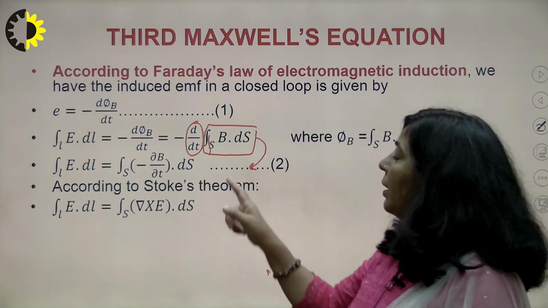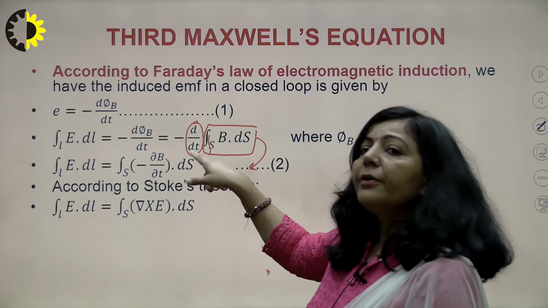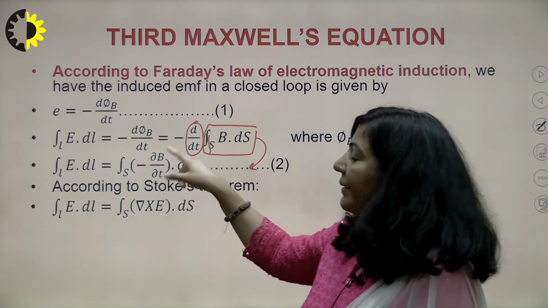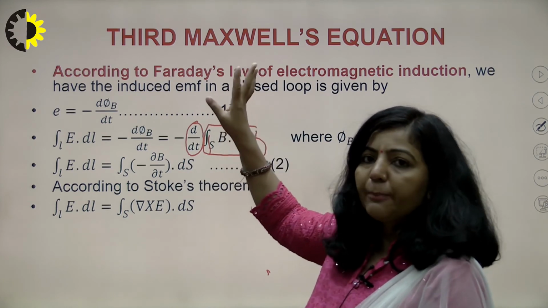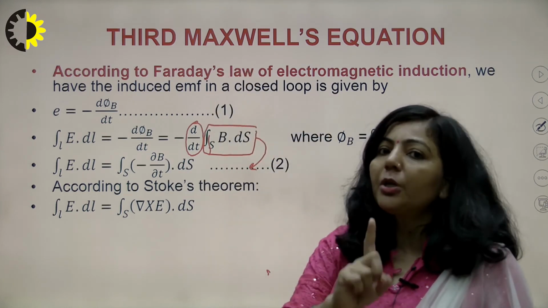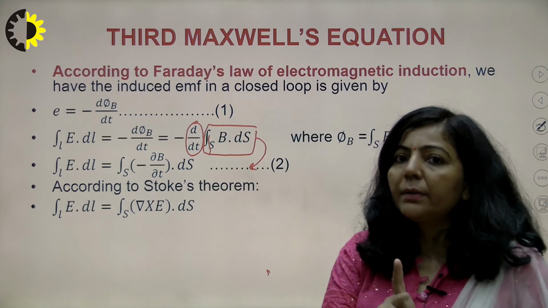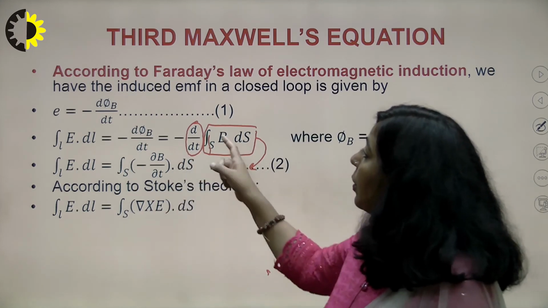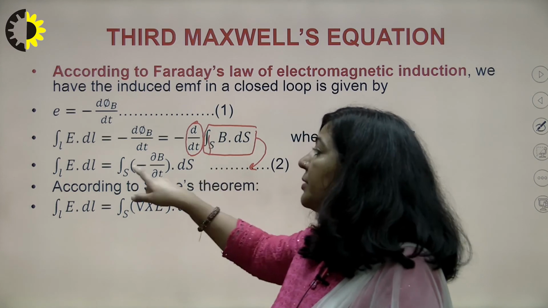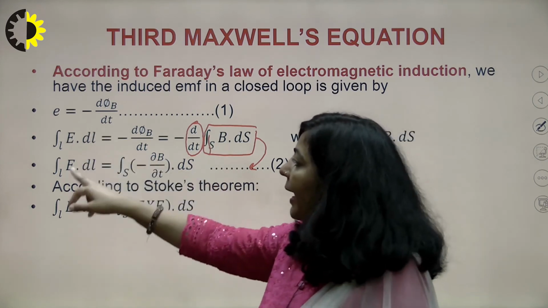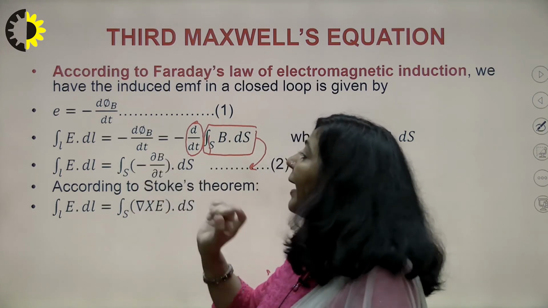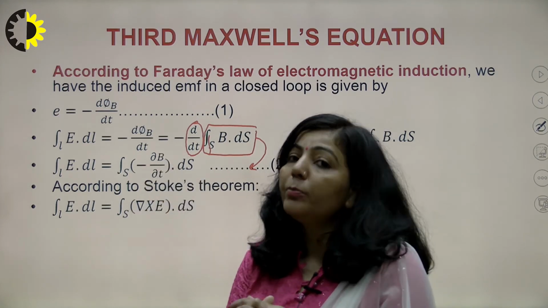The reason is that this differential operator is with respect to t, but this magnetic flux density also depends upon space coordinates, and you are differentiating only with respect to a single variable, t. So that's why I am writing the partial derivative here. After interchanging these operators, you get the line integral of E is equal to the surface integral of minus del B by del t. I hope this is clear.